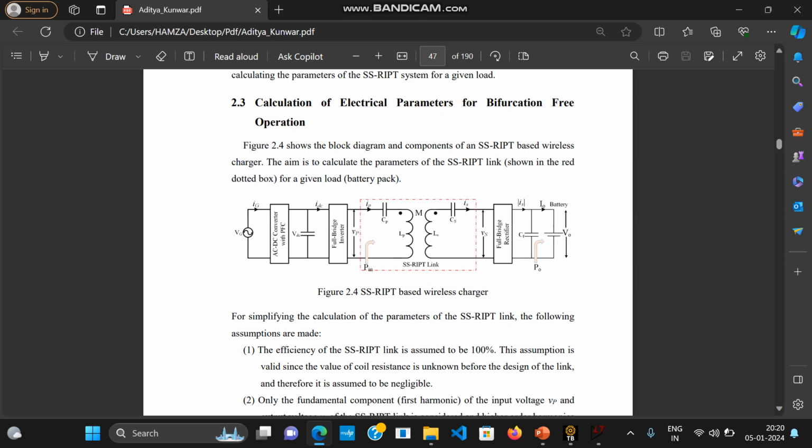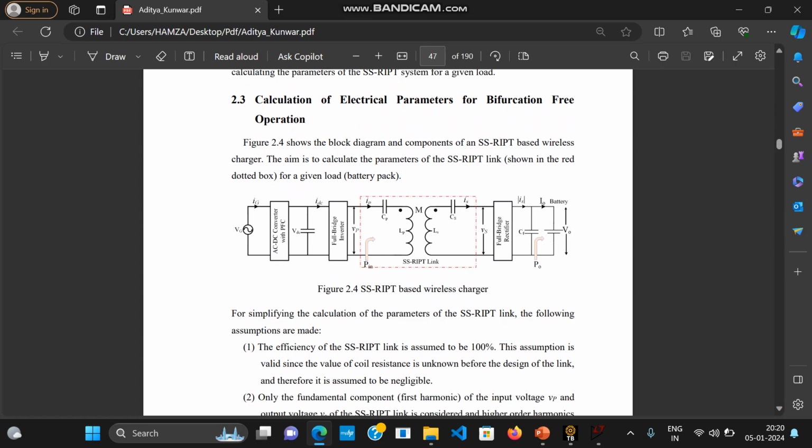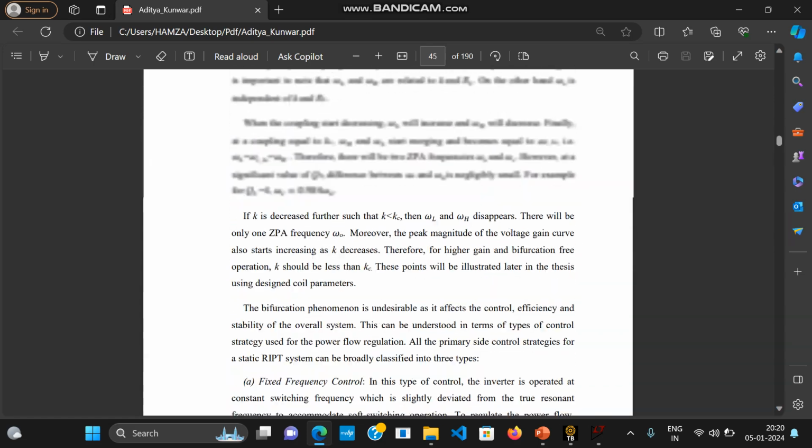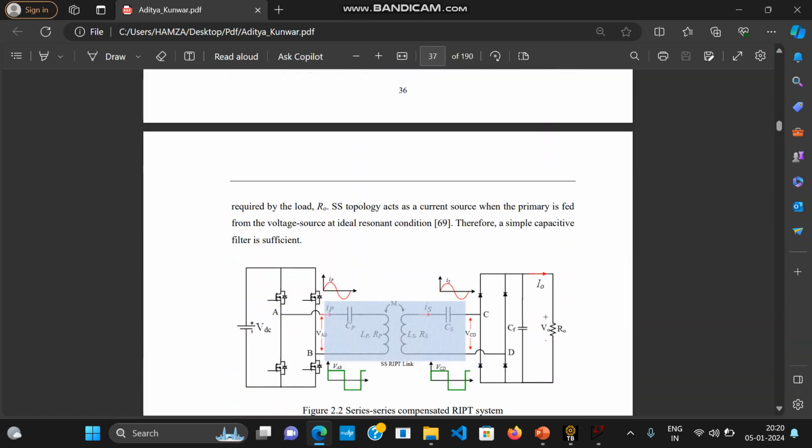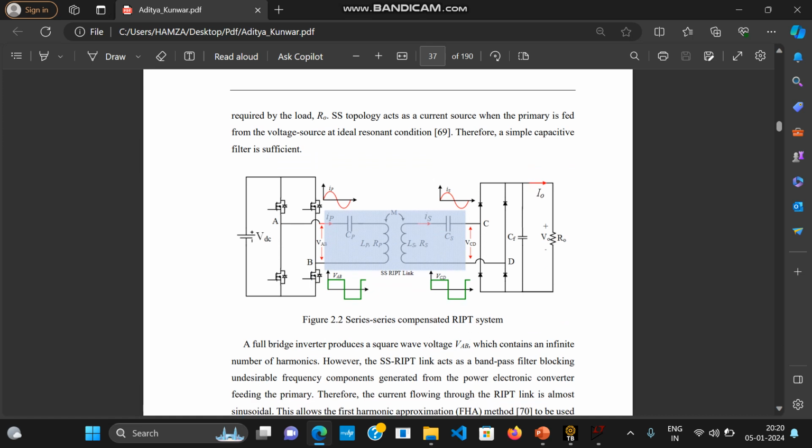But in our case we are going with series. This is how our circuit is going to look.